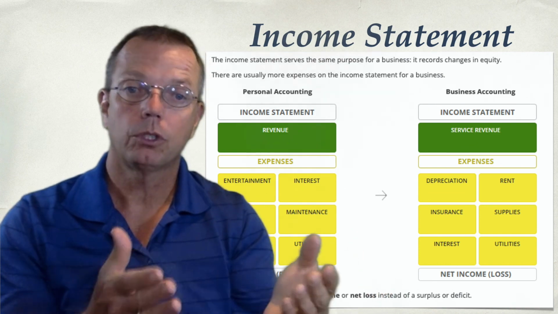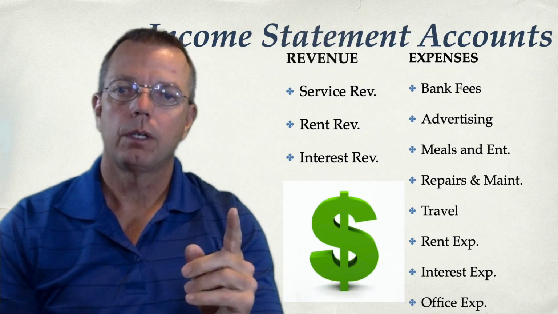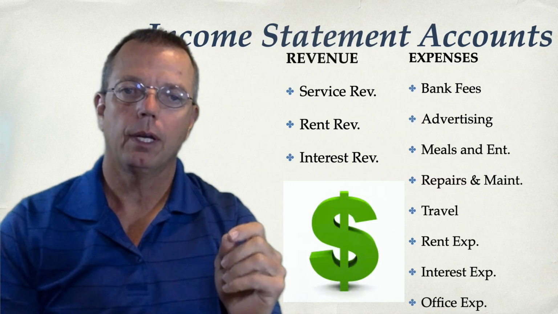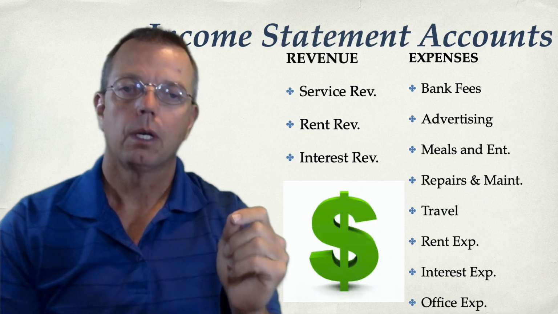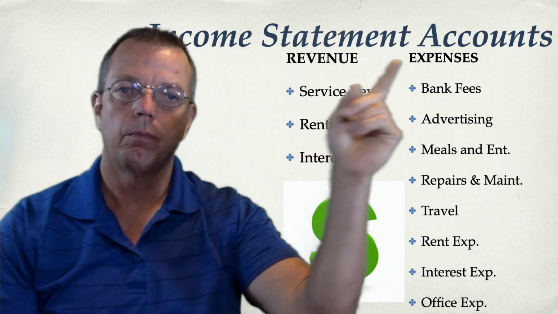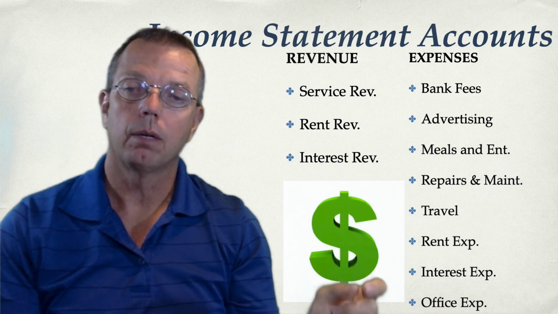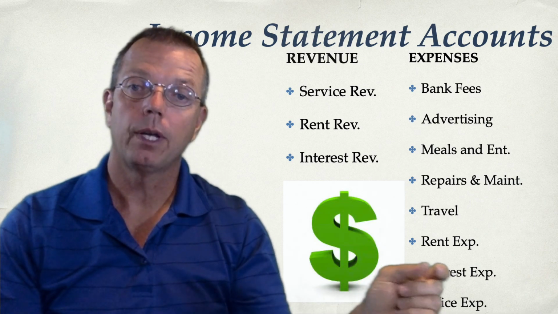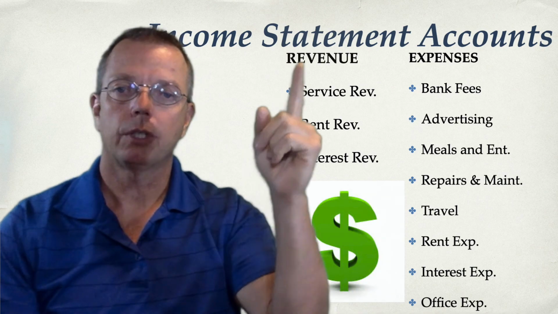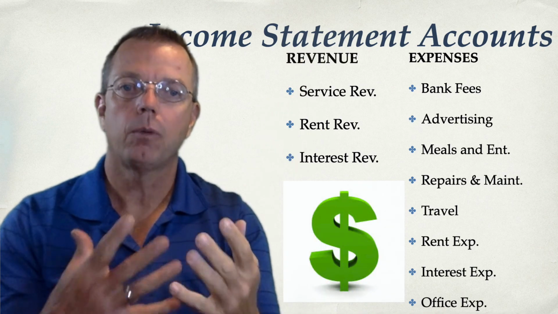Okay, so let's look at some of the accounts now. Here are a few of the accounts. Let's break it down. On an income statement, we're looking at revenue minus expenses equals either a net profit, net income, or a net loss. So let's look at revenue, ways to generate money. How can we generate money?